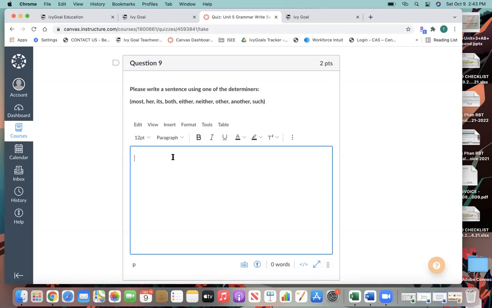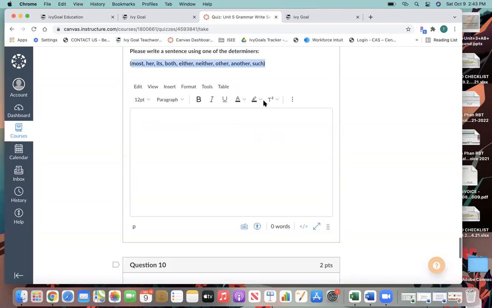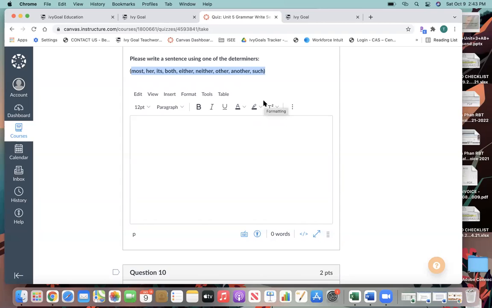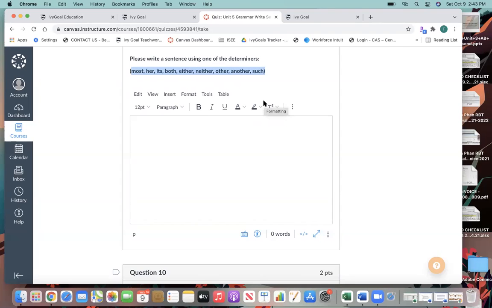Please write a sentence using one of the determiners. What do determiners do? Do you remember? What might you use a determiner for?